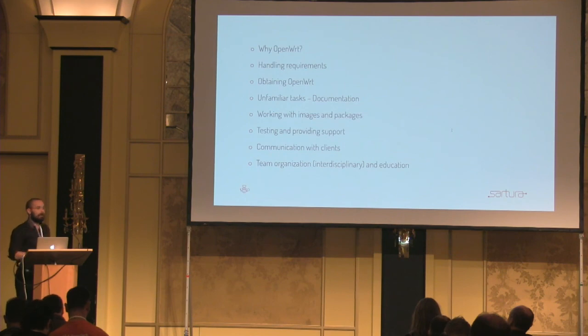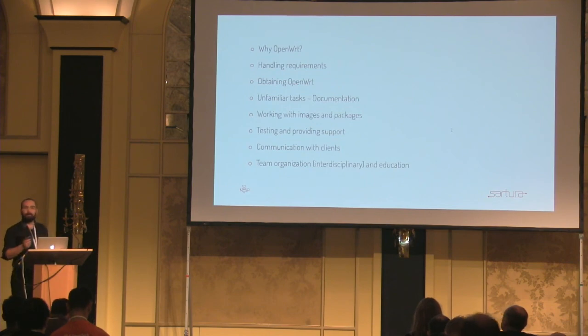Then obtain OpenWrt. Clients might provide their own versions of OpenWrt. You might need to create a version of OpenWrt for your client, or you might need to port it to different boards depending on what the client asks. For unfamiliar tasks, you can always refer to the provided documentation, but you can also create documentation yourself for the missing parts or for new features.